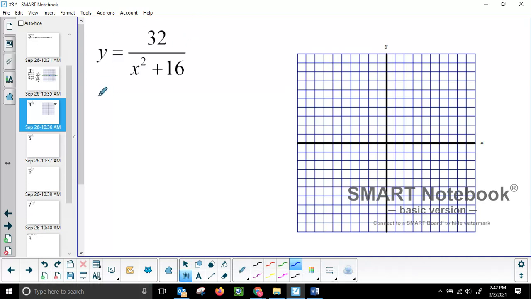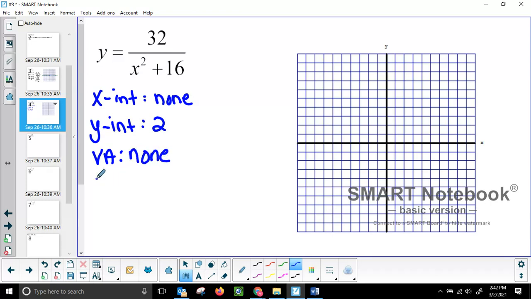So x-intercept, we set the top equal to 0 and solve. 32 never equals 0, so there is no x-intercept. Y-intercept, we plug 0 in for x, and we get 32 over 16, which is 2. Vertical asymptote, again, this is a plus with this squared, so none. Horizontal asymptote, the degree of the bottom is larger, so that is y equals 0.